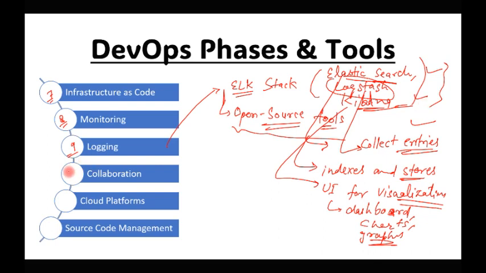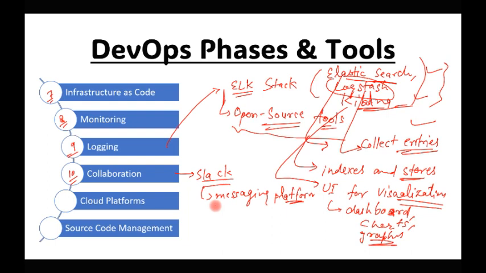Now we have the next phase, that is collaboration. As you know, in DevOps, collaboration is very important between different teams like developers and operations. So we have a tool called Slack. It's a messaging platform used by teams for communication and collaboration purposes. Teams can use it for real-time collaboration and integration with other tools as well.